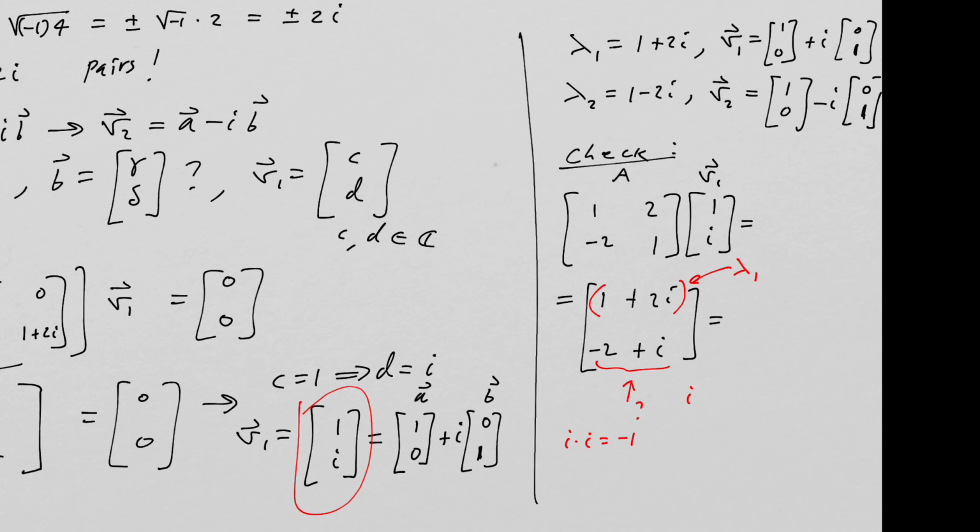If I take an i outside, then I'm going to have a 2i there plus 1 right there. The other way I can write this is, of course, 1 plus 2i, and we can see that is my lambda 1. So putting that all together, I'm going to get a 1 plus 2i. I can factor out of both of those top and bottom entries, and I'll have a 1, i right there. All right, so that does verify that that is an eigenvector for the problem.